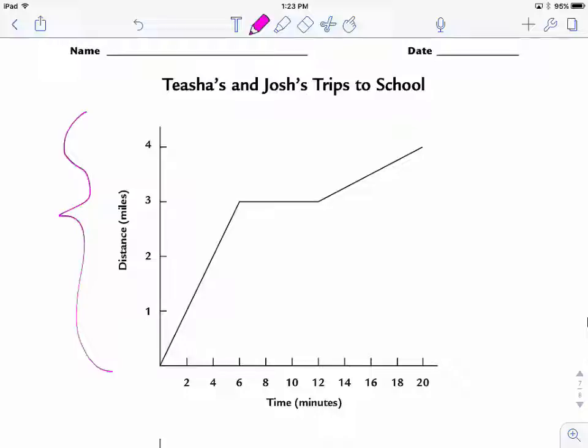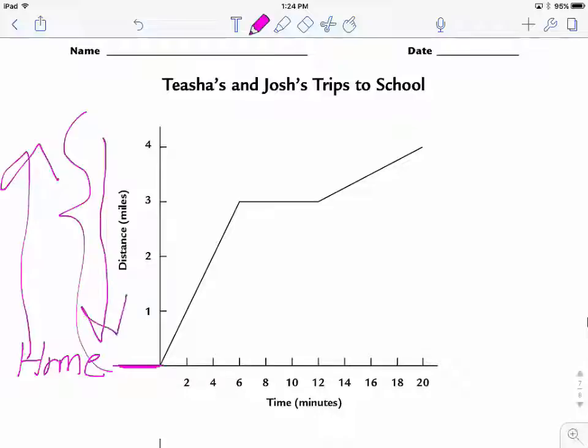And it's important to know, 0 miles we're going to call home. Okay? 0 miles is home. So anytime we're moving this direction, we're moving away from home. Does that make sense? And if we're moving this direction, we're moving back towards home.